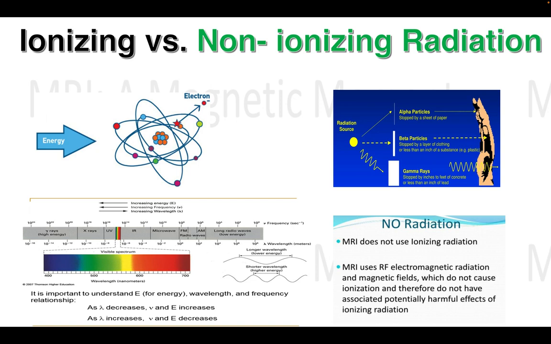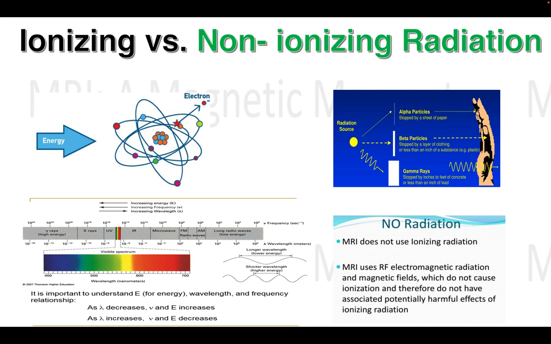Atoms with the deficit or excess number of electrons are called ions, and the process of removing electrons from the atom is called ionization. So, ionizing radiation can affect living organisms.